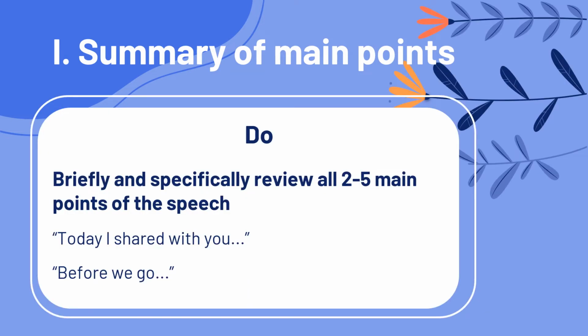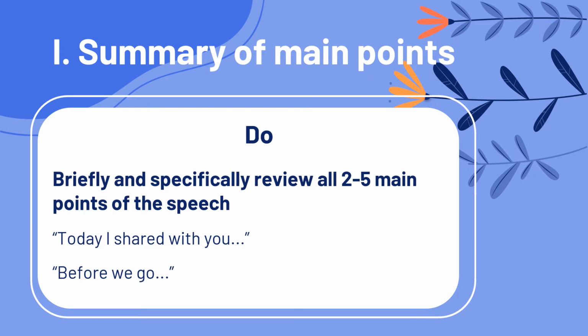As I mentioned, from the audience perspective, they're thinking, oh gosh, what if I missed anything? This is the time to remember. So really what you need to do is briefly and specifically review all 2 to 5 main points of the speech. You may start the summary with something like, today I shared with you 1, 2, and 3 main points.